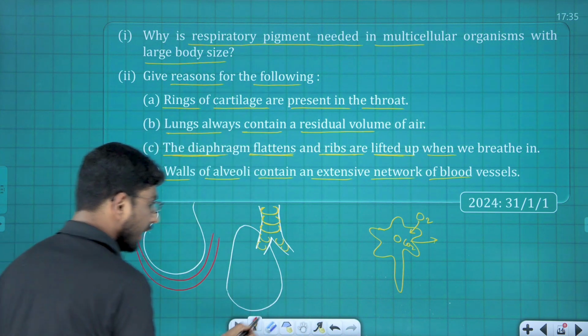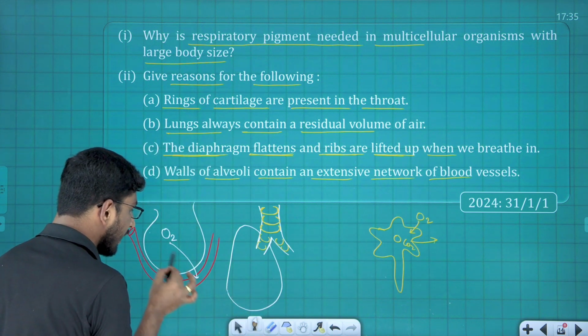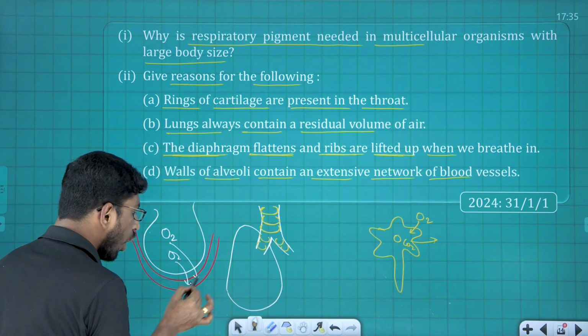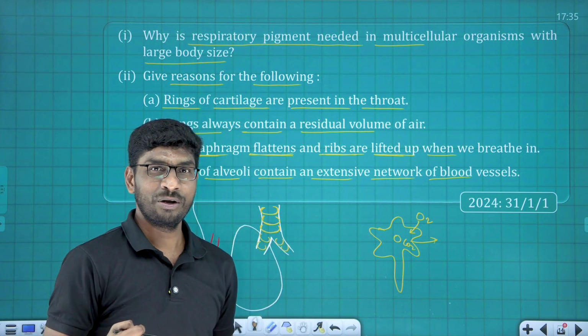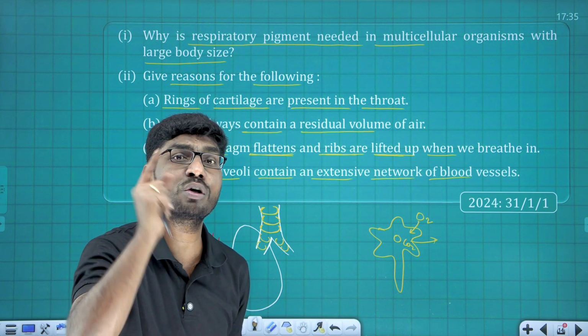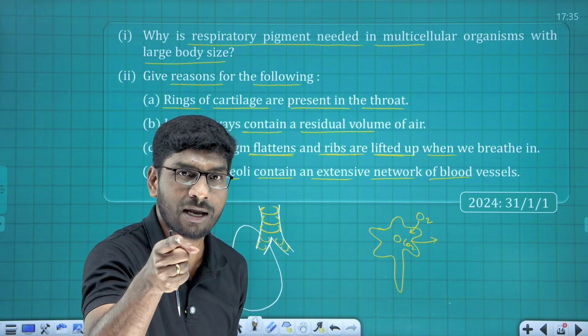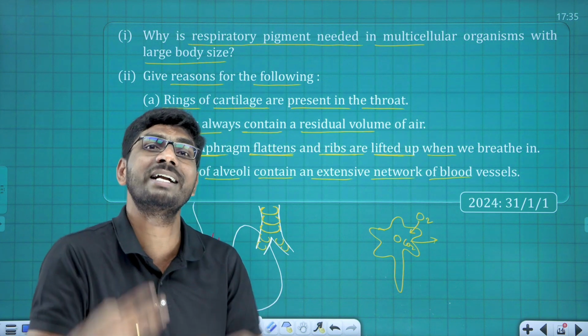So what happened here? With more and more blood capillaries, this oxygen enters the blood. So the blood will become what? Oxygenated blood. Respiratory organ characteristic feature: every respiratory organ should be rich in blood supply, so that they can take the oxygen and the blood becomes what, tell me, oxygenated blood.